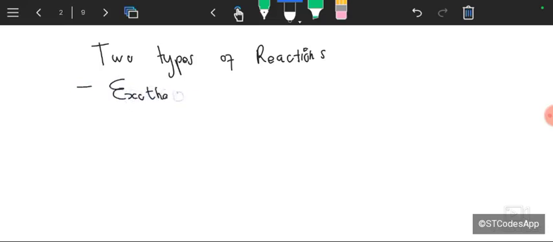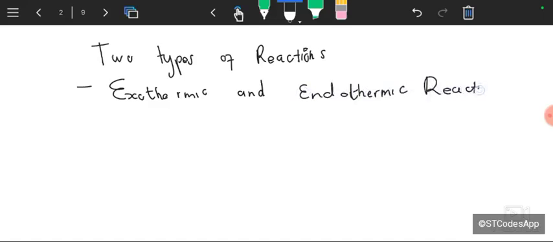You have the exothermic and endothermic reactions. Here we are going to be understanding these reactions. Why? Because I don't want to say exothermic reaction, endothermic reaction, then someone comes and says, please explain to me what is an endothermic reaction, what is an exothermic reaction.